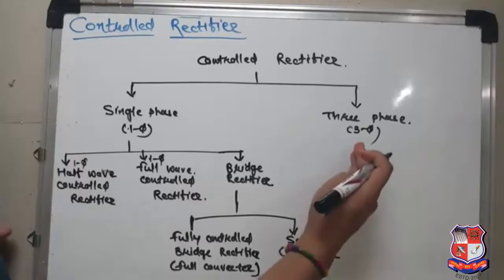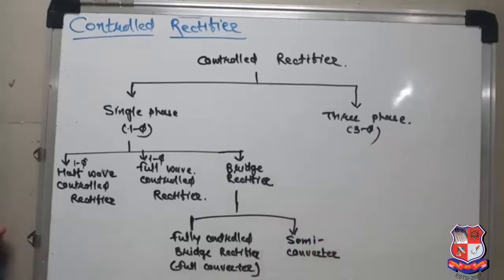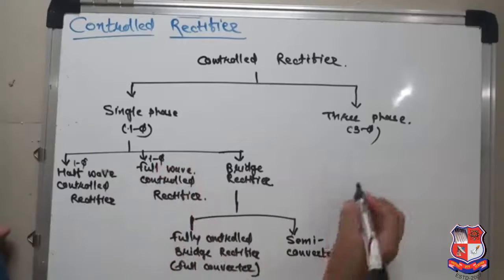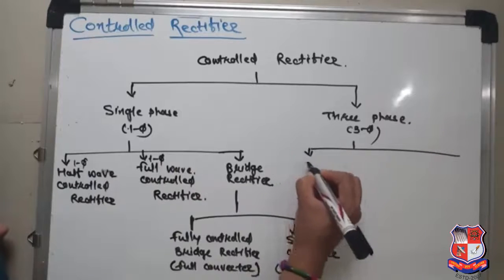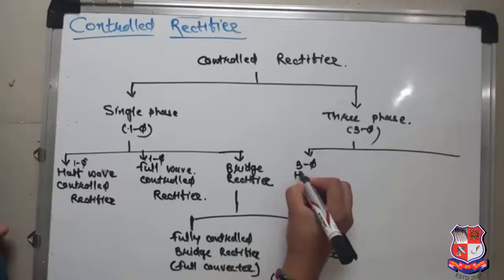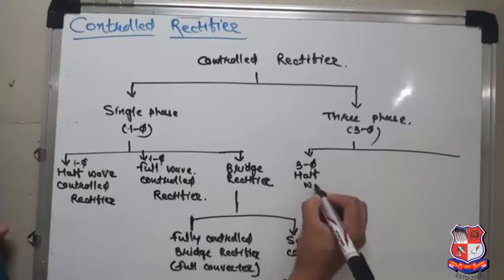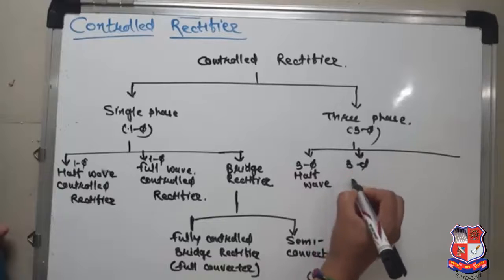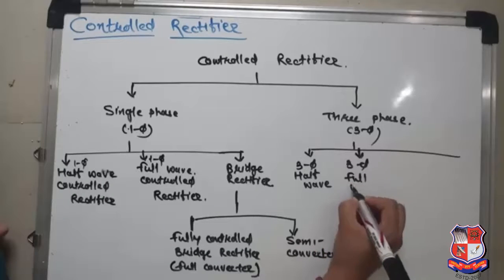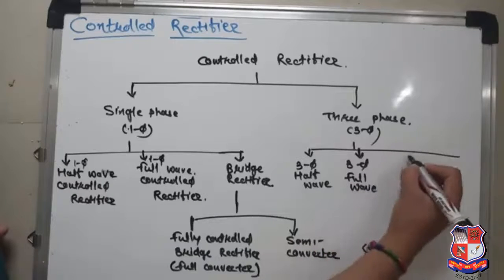In the same way, in three phase configurations also the subcategories are like that. In three phase also there is a three phase half wave rectifier, then three phase full wave, as in the single phase.